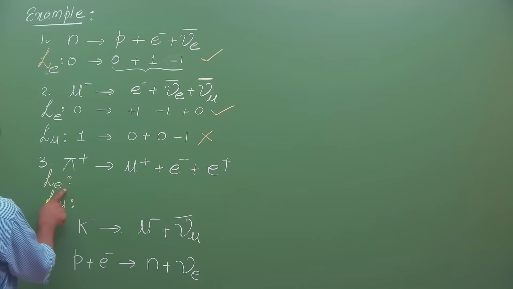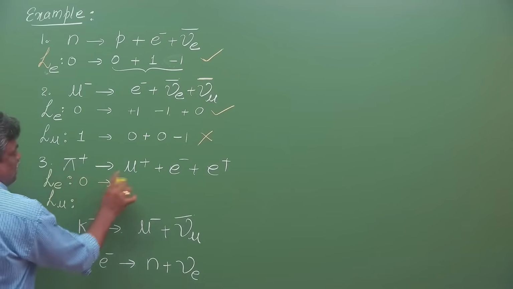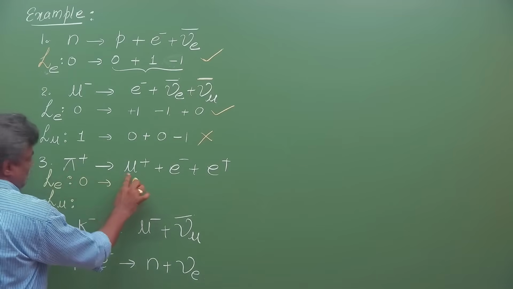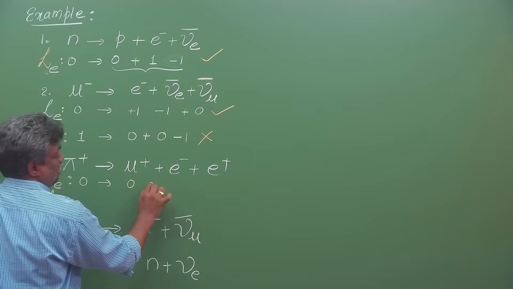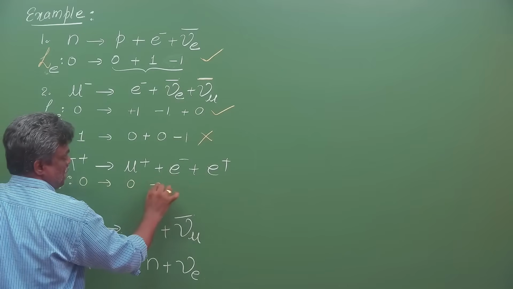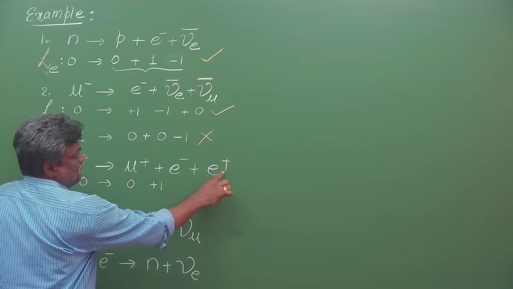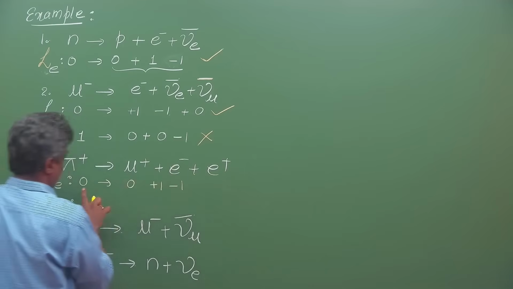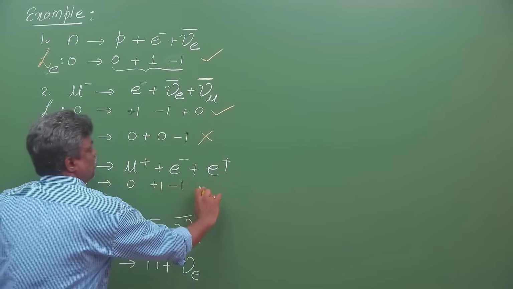You have to check lepton family, electron family as well as mu family, both are there. Now, ready, over. So, it is a pi plus, you are checking Le. Is it a lepton? No. Is it an electron family? No. Now, electron family, plus 1 or minus 1 or 0? This side is 0, this side is 0, okay.